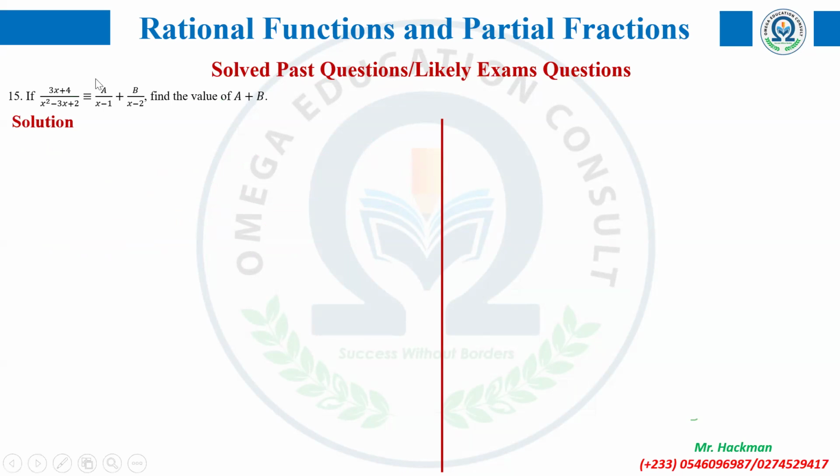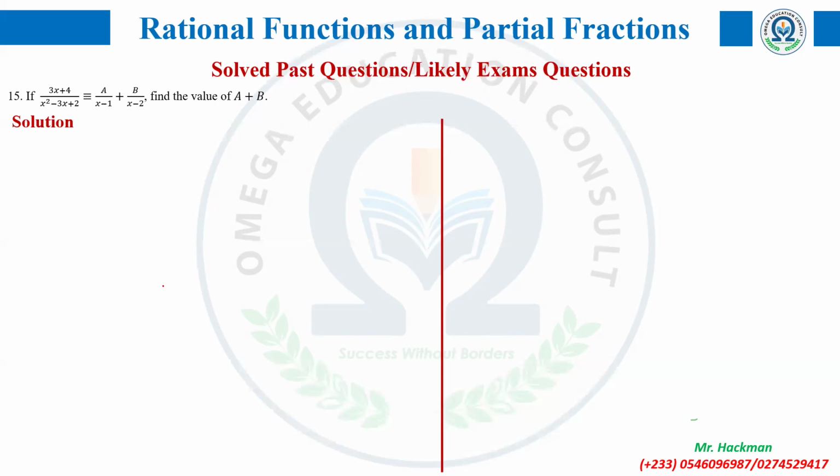So obviously, this is similar to what we just did. You can take this one. In any case here, the partial fraction has been written for you. So the next step is to take the LCM. Is that clear? I mean, the identity, I should say, not the partial fraction per se. So the identity has been given. So it's like the first knot untied for you. Take the LCM, then go and deal with it, whether the cover-up method or the comparing of coefficients method, to find your A and B. But when you find your A and B, just don't go and substitute.